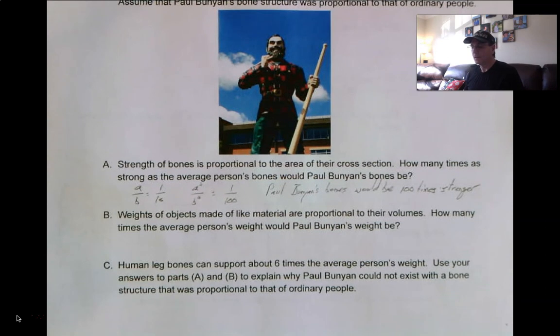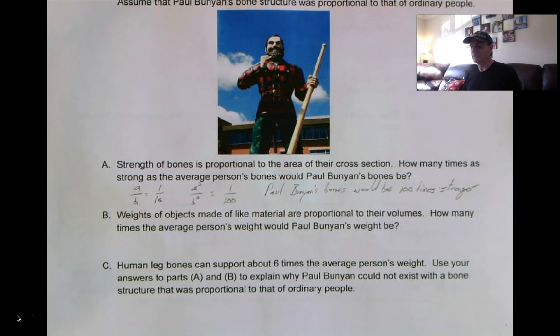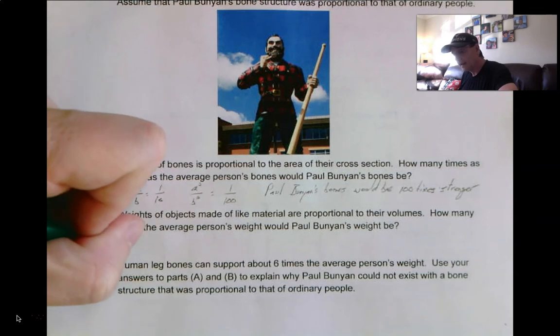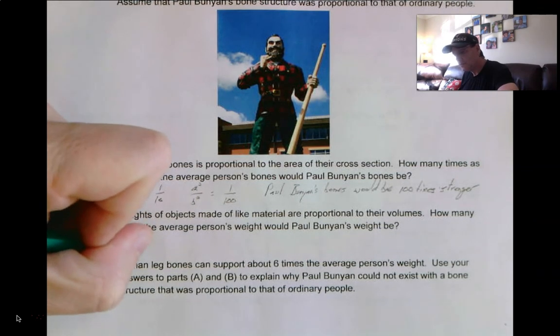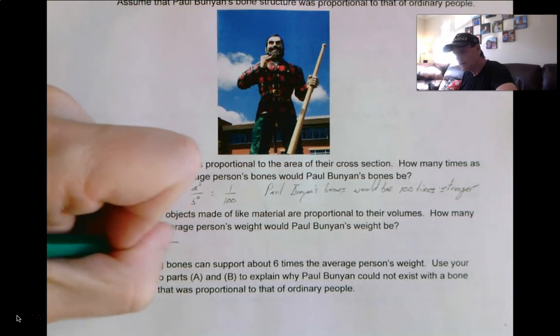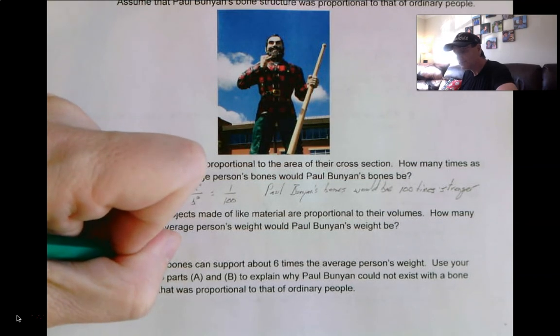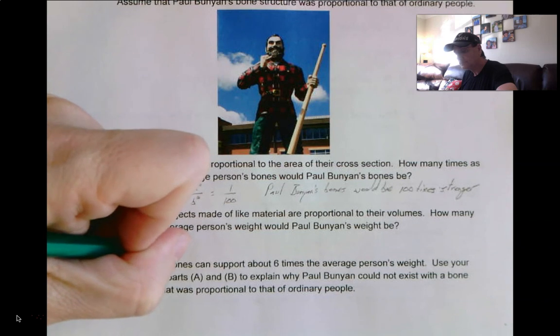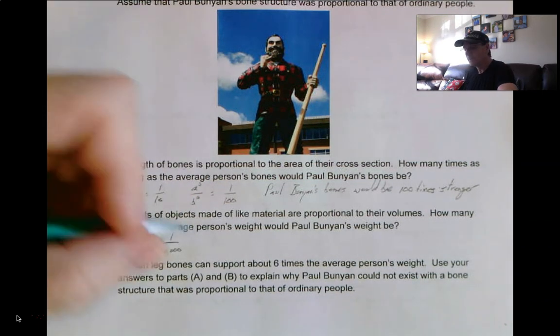Okay. Weights of objects made of like materials, so these are both bones, are proportional to their volumes. How many times the average person's weight would Paul Bunyan be? So the A cubed to B cubed ratio would be 1 to 1,000. 10 cubed.